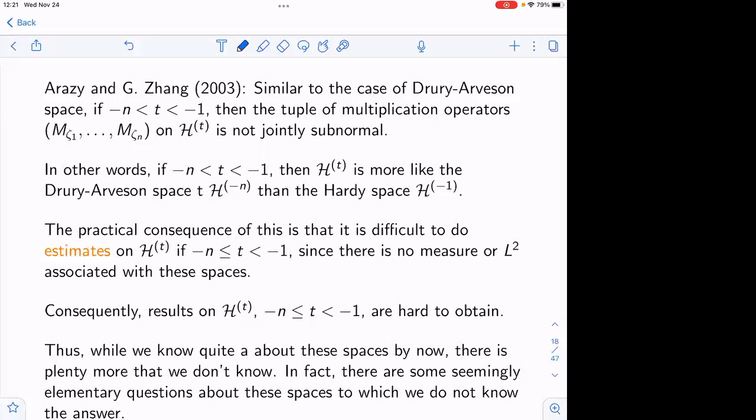This was recognized in 2003 by Rydhe and Nishian. What that means is that if t is less than -1, H_t is more like the Drury-Arveson space. You run into some of the same difficulties doing analysis on H_t as you do on H_{-n}, the Drury-Arveson space.